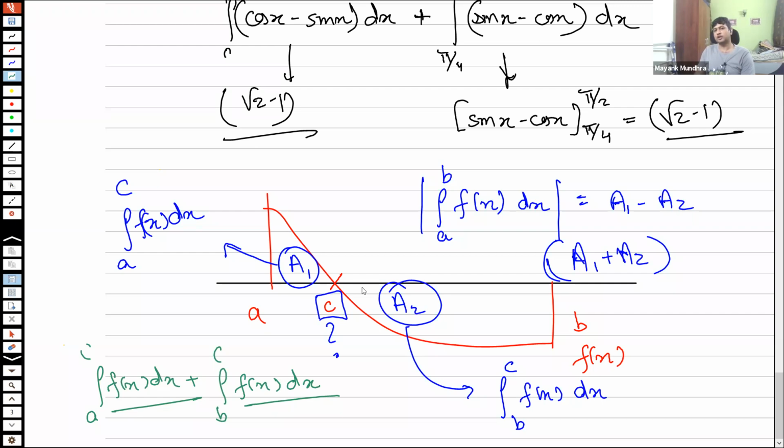So you have to be careful about where it is positive and where it is negative. So suppose I give you this example.